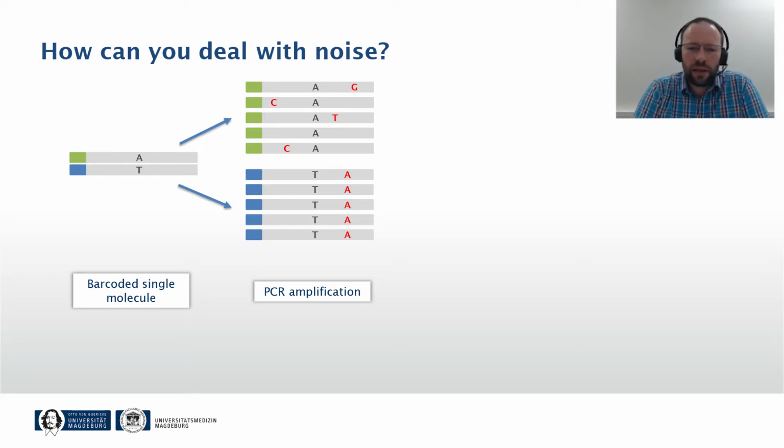If this occurs later on in PCR amplification, they are located at different positions. But if this occurs in really early steps of the PCR amplification, maybe sometimes they occur at the same position, because if it is incorporated in the early PCR steps, then it will be in all further reads or fragments that will be amplified from this.